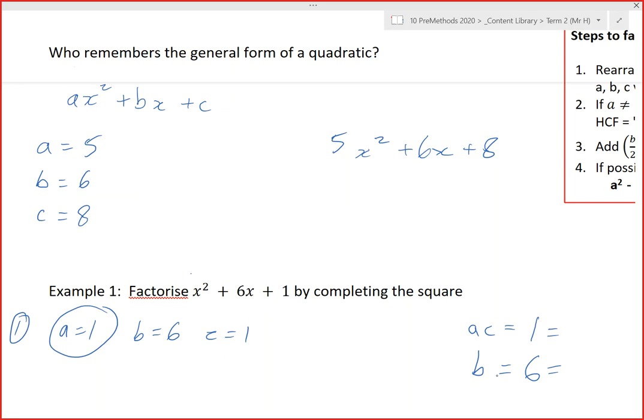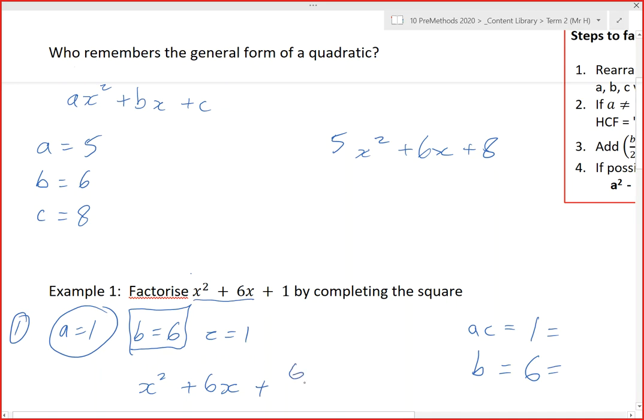Are you ready? Listening carefully. We look at the B number. Okay, so we take the first two terms and we add, are you watching?